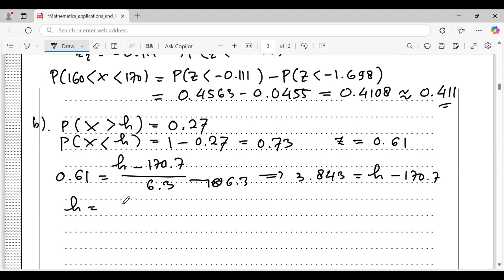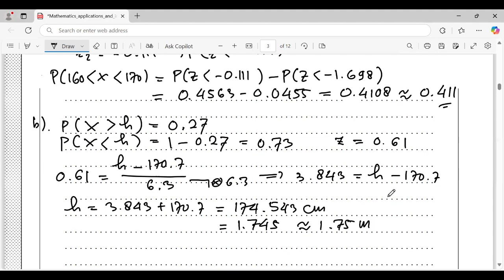So h equals 3.843 plus 170.7. And the result is 174.543 centimeters, the unit. And we're going to convert into meters. It means divided by 100 becomes 1.745. Round off becomes 1.75 meters.